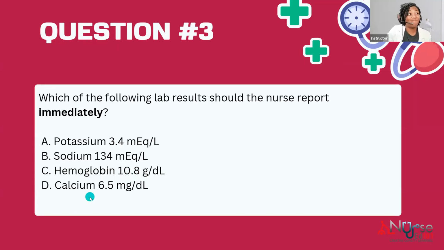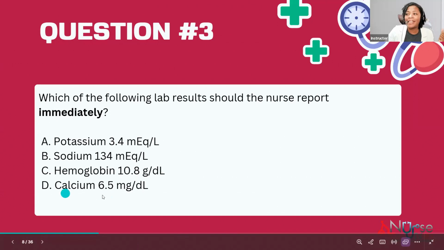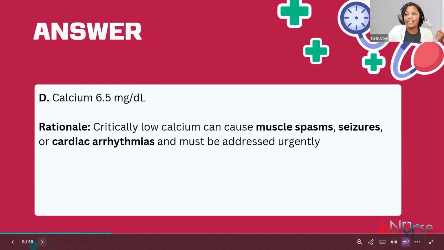But the calcium. Many of you chose D because you recognize that 6.5 is low. For our calcium, we're looking for anywhere from 9 to 10, 9 to 10.5, or 9 to 11. So this was the biggest abnormality.